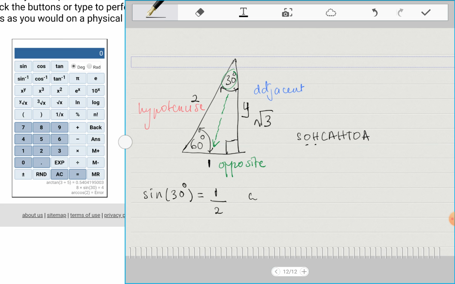Then cos of 30 would be adjacent over hypotenuse, so your adjacent now would be root 3 over the hypotenuse, which would still be 2. And then my tangent of 30 is going to be opposite over adjacent. So the opposite is 1, and the adjacent would be root 3.